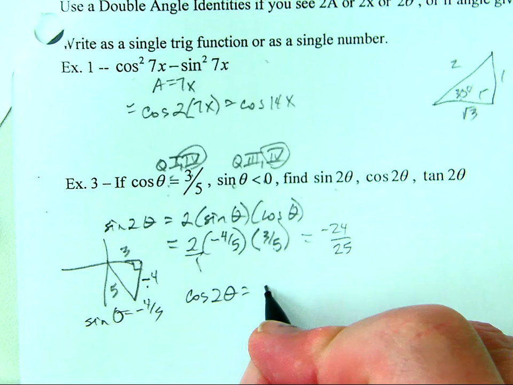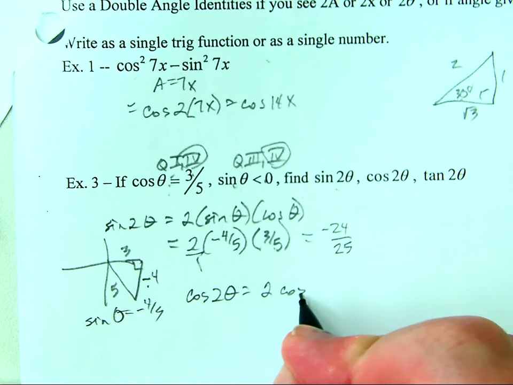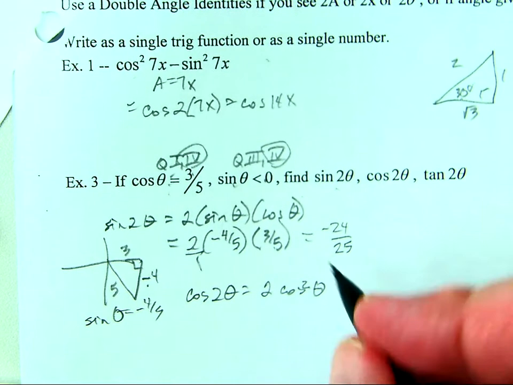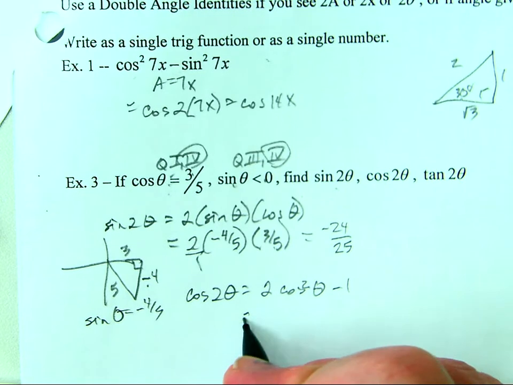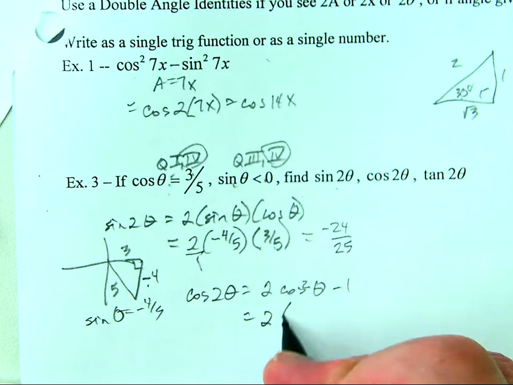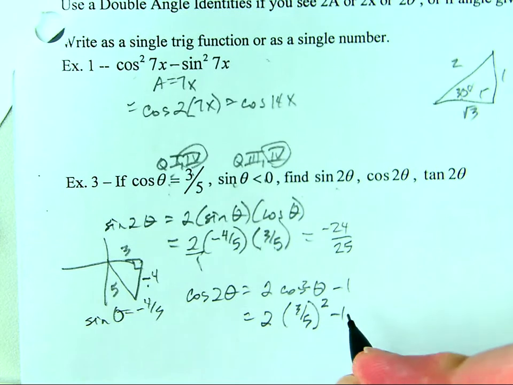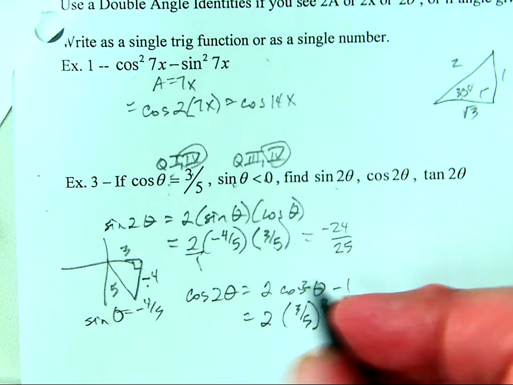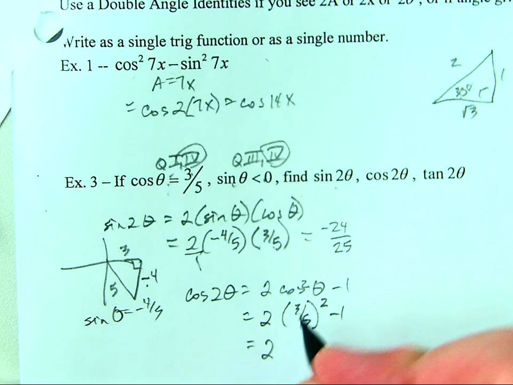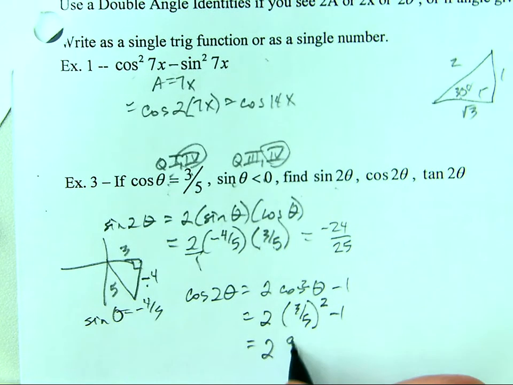So if we use that one, if we write that out, 2 cosine squared theta minus 1, now we substitute in, the cosine of theta is 3/5. That's going to be 2 times 3/5 squared minus 1. 3/5 squared is 9 over 25 minus 1.